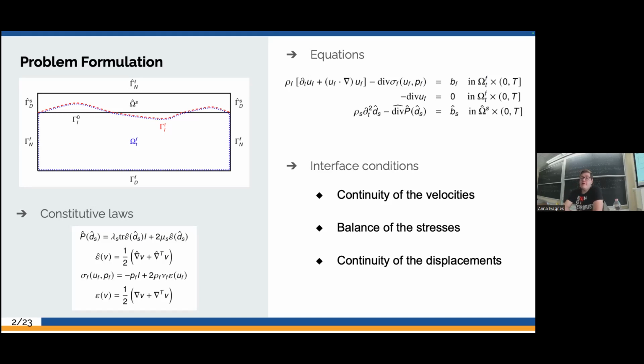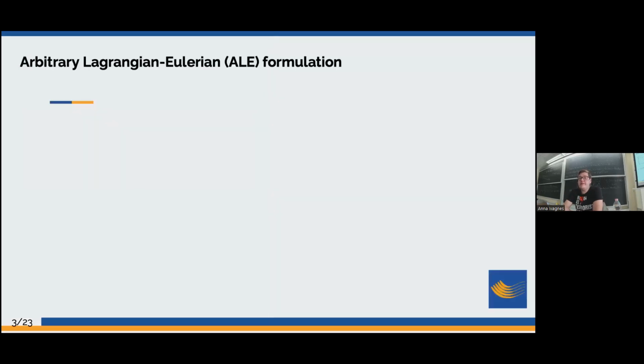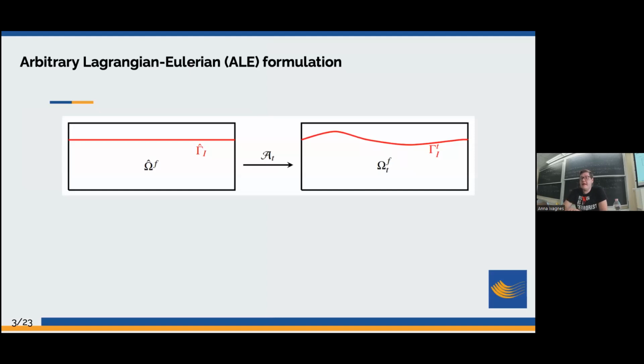One of the classical approaches, which we use here, is the so-called Arbitrary Lagrangian-Eulerian formulation. The idea behind it is to introduce a time-dependent map which maps the fluid reference configuration at any time instance into the domain which we have at time t.